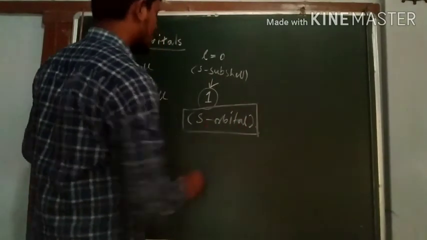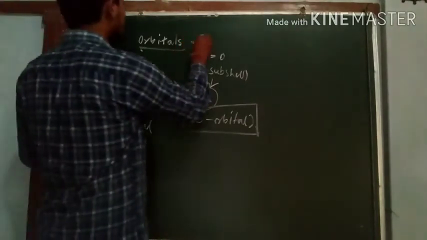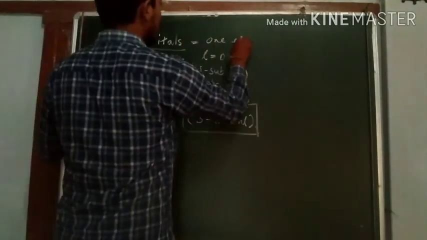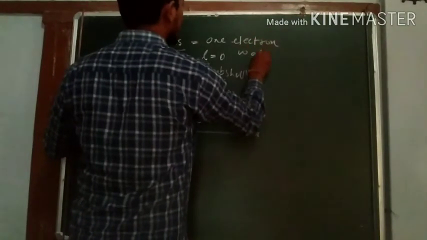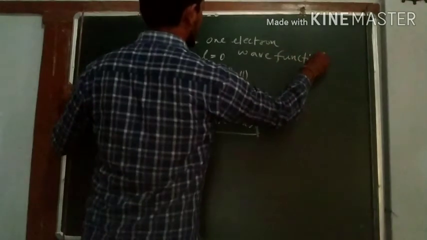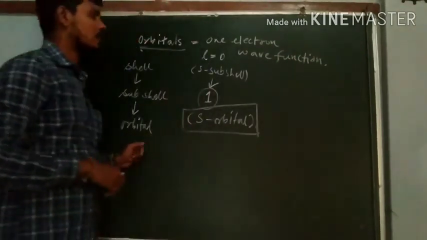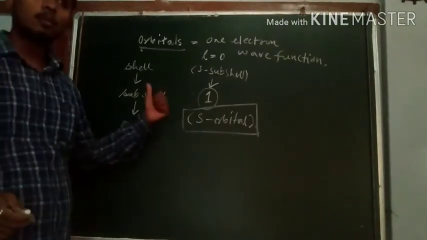Now, so what is orbital? Orbital mane ki? Orbital is one electron wave function. So this is called one electron wave function.